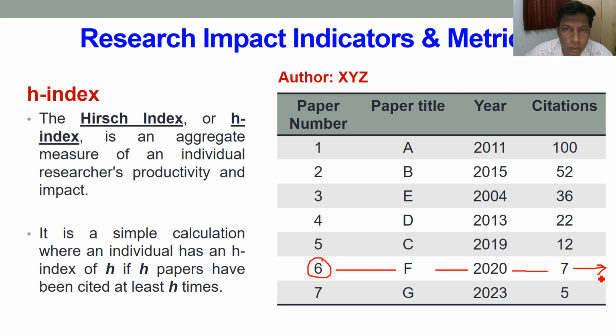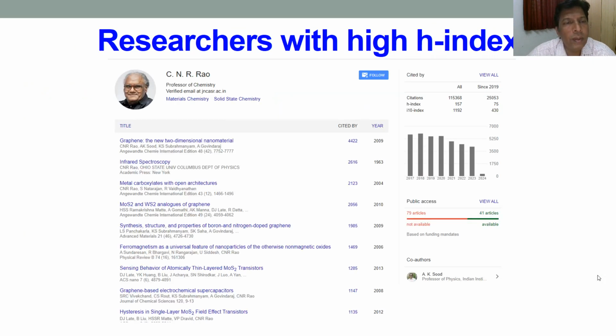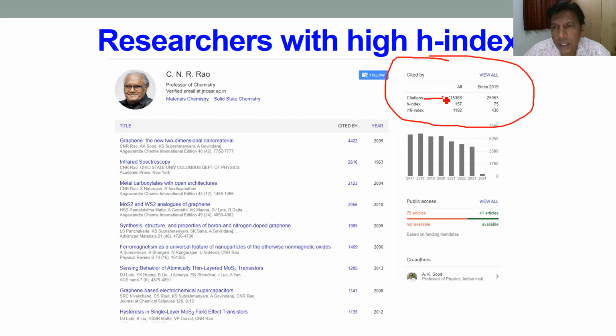So if you see a few profiles with the highest H index in the world, just as an example, I have taken the profile of Bharat Ratna Dr. C.N.R. Rao, who is a professor of chemistry and got the Bharat Ratna from India. If you look at his Google profile on the right hand side, the number of citations is 1,15,368.